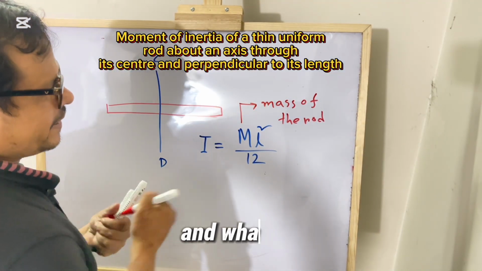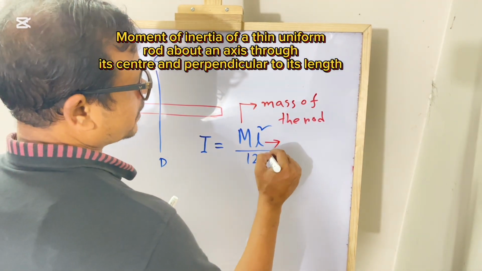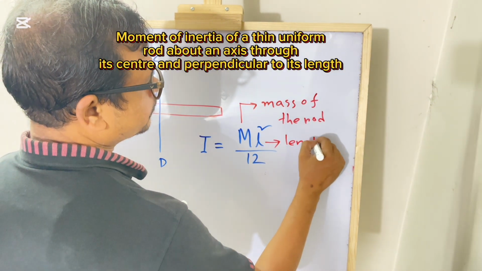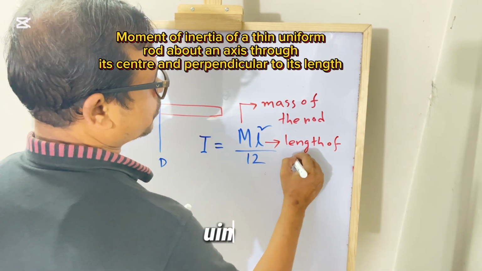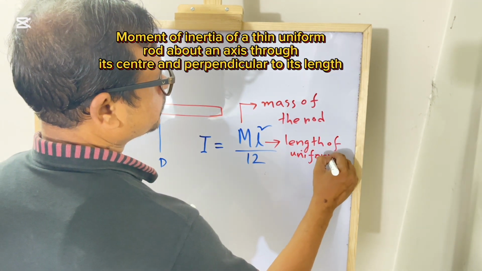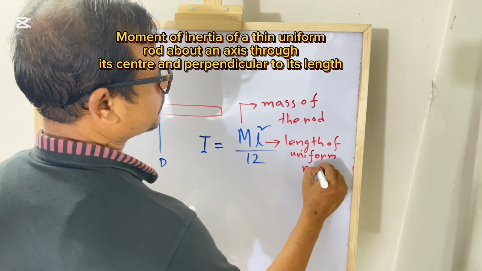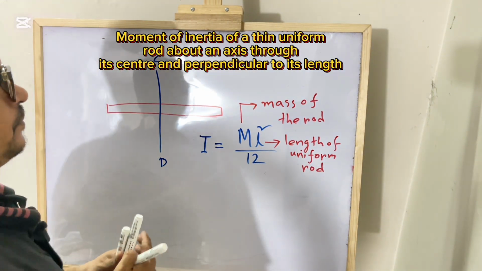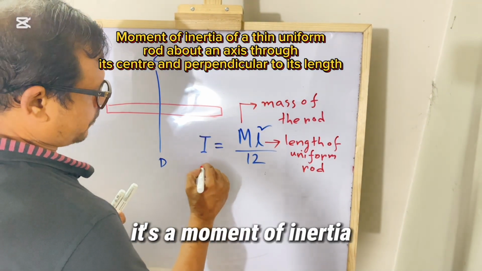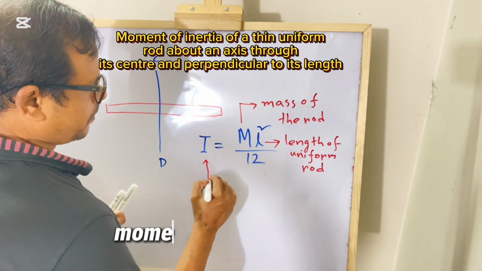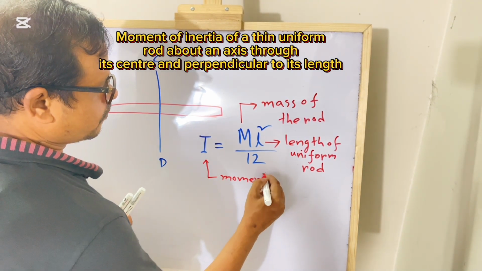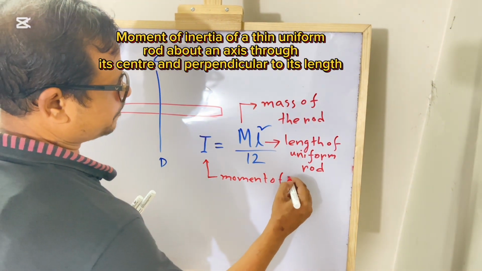And what is L? L is the length of the uniform rod. And 12 is 12. I is the moment of inertia.